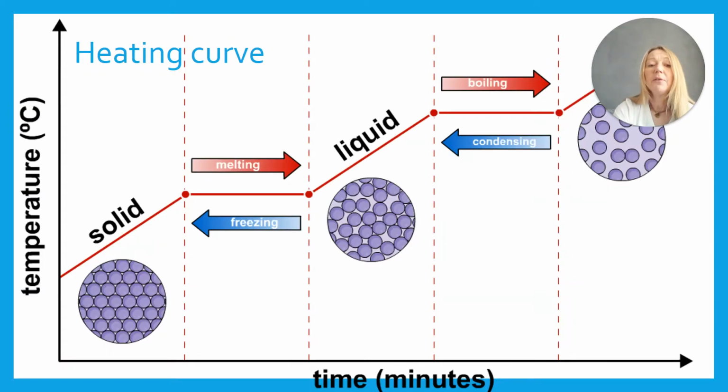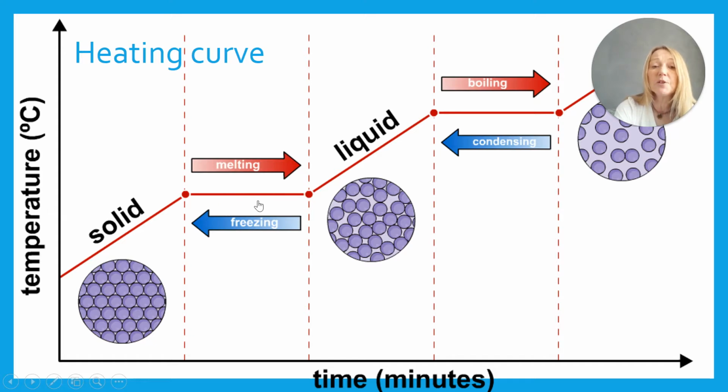And so if we look at that on a graph, it would look something like this. So we start off with a solid material, and as that solid is heated, the temperature will start to rise until it gets to its melting point. And remember, melting point and freezing point are the same. Whilst it's actually melting, it would be partially solid and partially liquid, but during this time you can see the temperature doesn't rise.